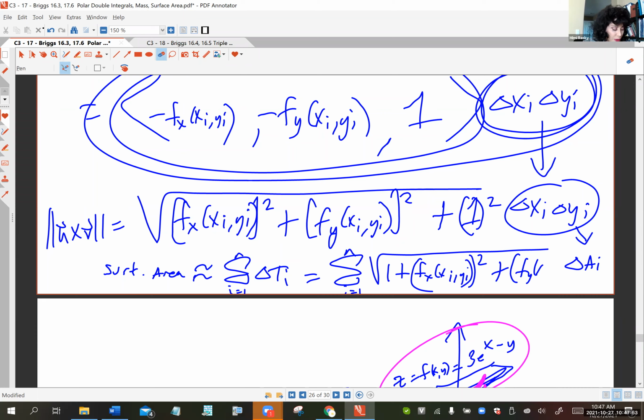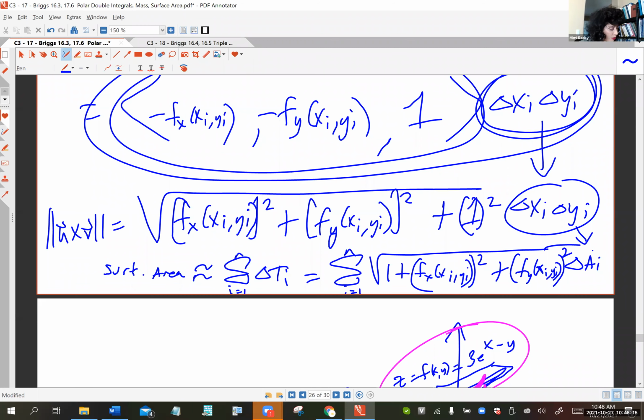Here, now my erase tool is working. Thank you. Being a little slow. Here we go. Okay, so that's getting squared.